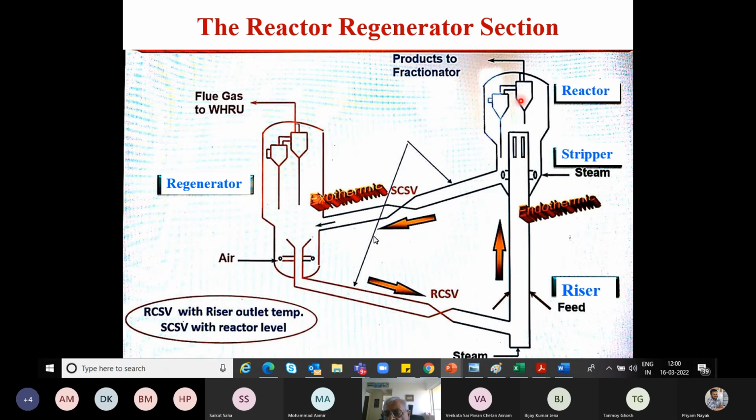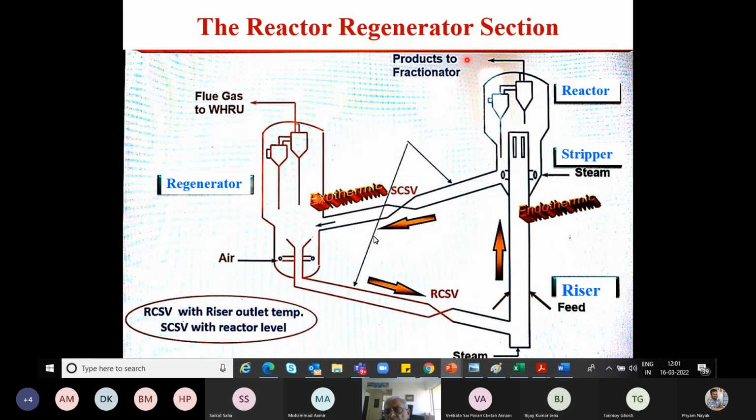And as it comes out, you have these cyclones, which separate the catalyst from the gases. What you see here is a two-stage cyclone. The gases enter the eye of this cyclone, the catalyst falls through, and the gases then go into a second cyclone, so that we improve the efficiency of separation of the catalyst from the gases.